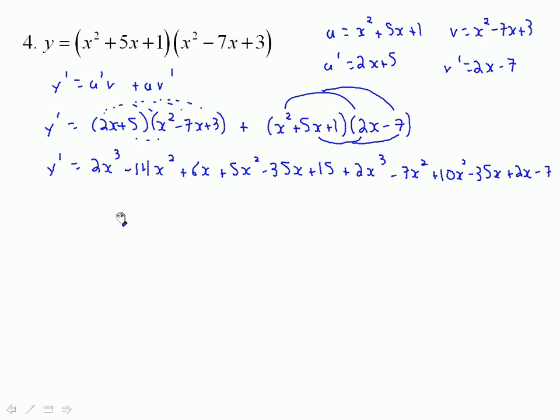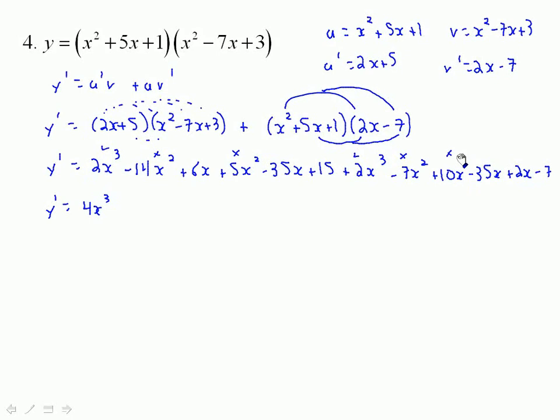And then we just get all those like terms together. So y prime, we have 2x cubed plus 2x cubed is equal to 4x cubed. Minus 14x squared plus 5x squared minus 7x squared plus 10x squared will give us minus 14 plus 5 is minus 9.